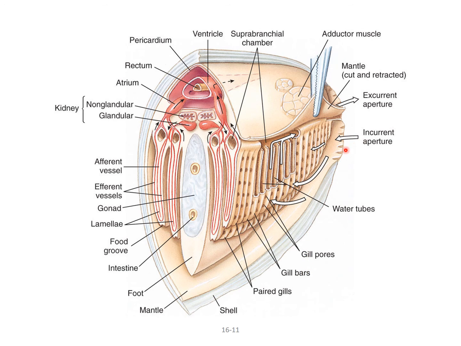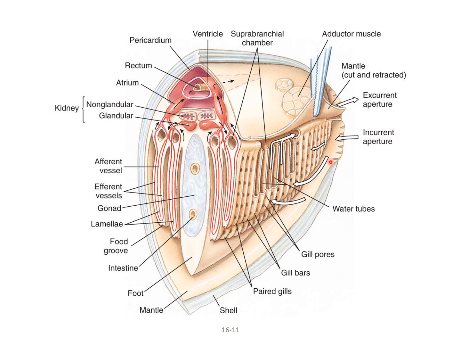So at the posterior end, we have an incurrent siphon or aperture where water comes in, is moved along the gills and goes through some little pores on the side, up water tubes, and then merges to a chamber at the top, and then leaves through the excurrent aperture, or it could be a siphon in some species.